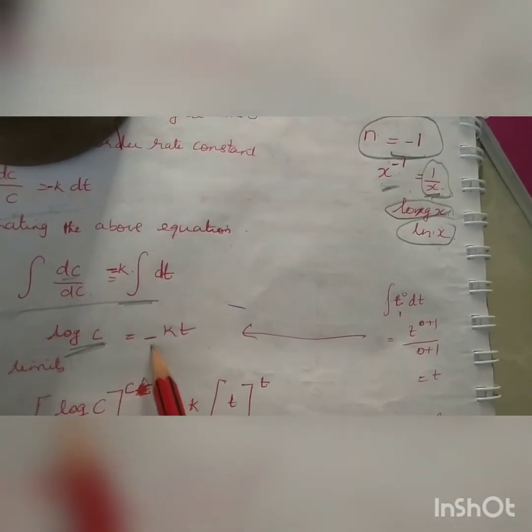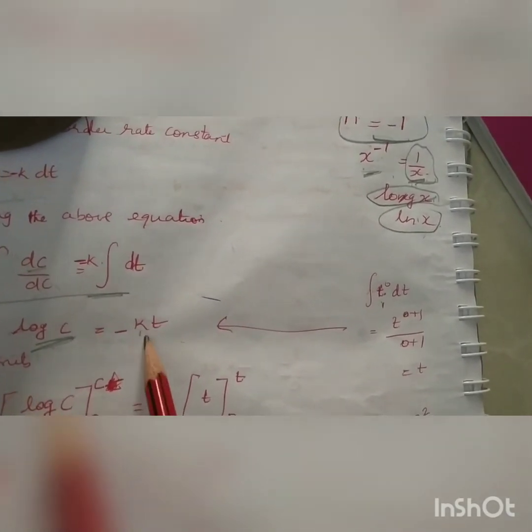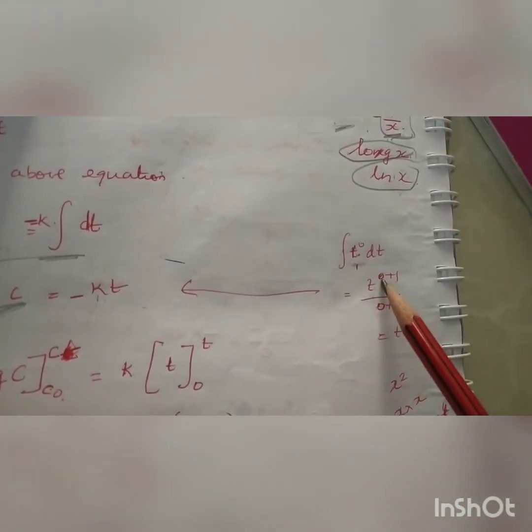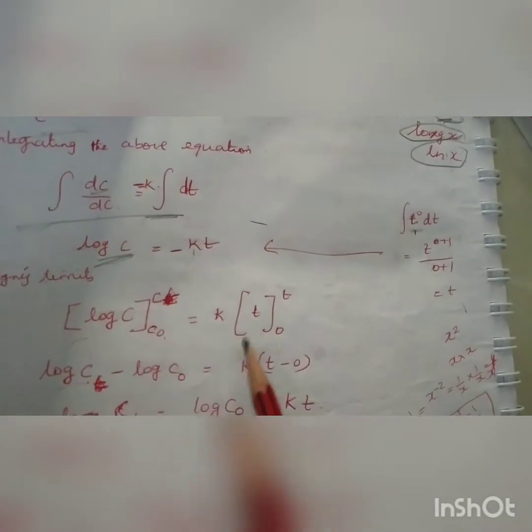ln C is equal to, integrating this one, t to the power 0 dt, as we have done in the previous one, t to the power 0 plus 1 by 0 plus 1 is equal to t. So we will get t and a constant here.